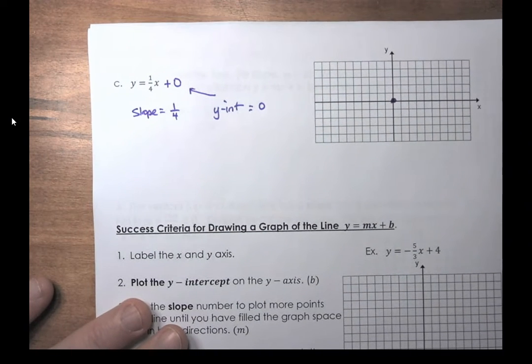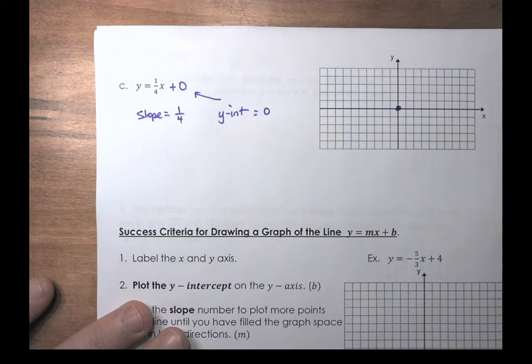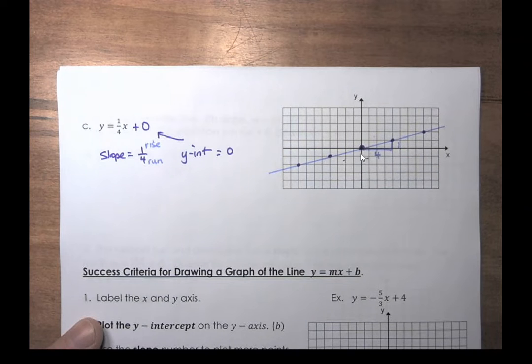So what I want you to do now is push pause and see if you can graph my line with a slope of 1/4. Push pause, give it a try. Hopefully when you graphed your line, you said you had a rise of 1 and a run of 4. So I ran 4, up 1, ran 4, up 1.